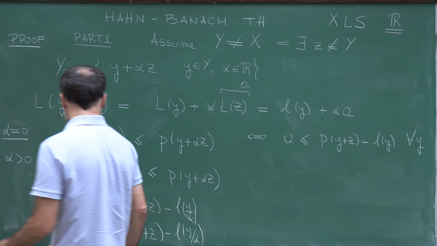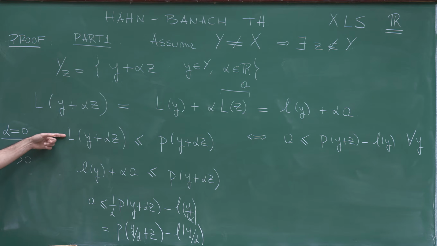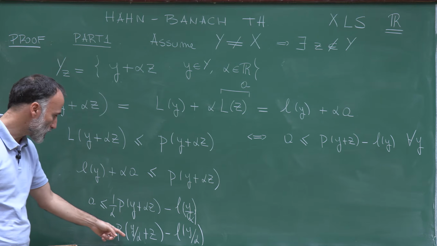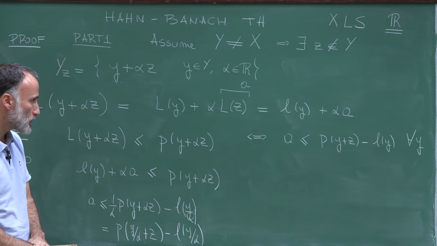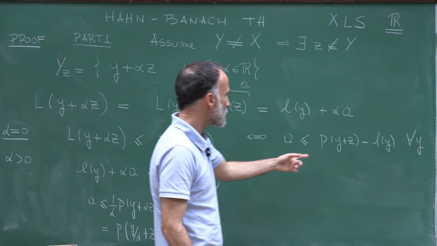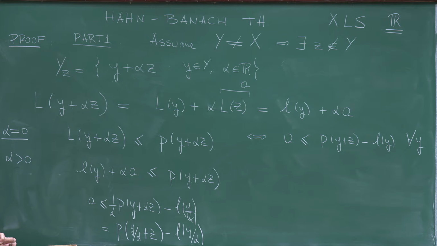Right? I need this inequality to be satisfied for all y and alpha. I'm now concentrating on all alpha strictly positive, so this has to be satisfied by all y and all alpha strictly positive. But, well, this means that this inequality has to be satisfied for all y.